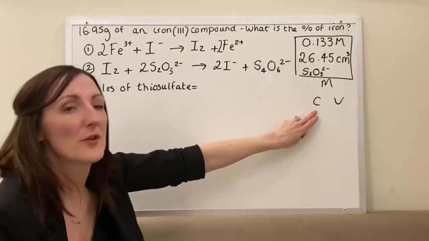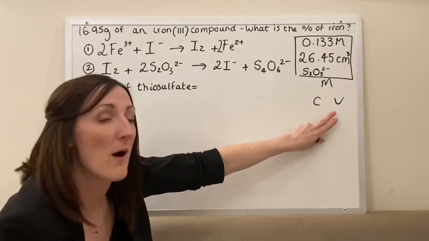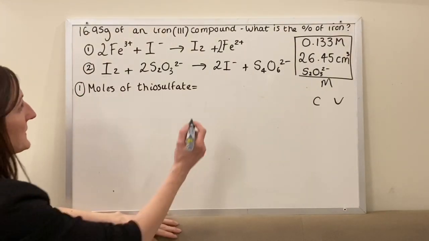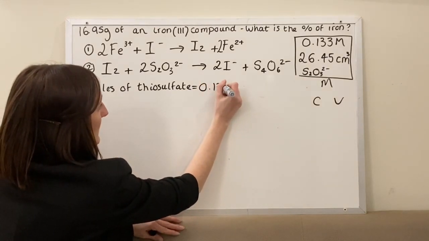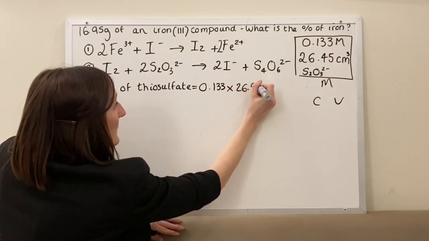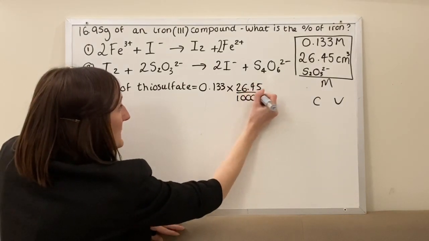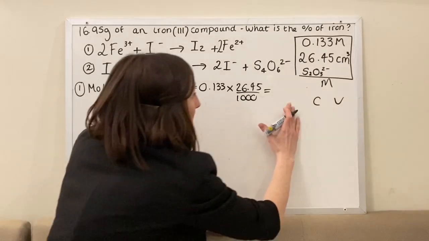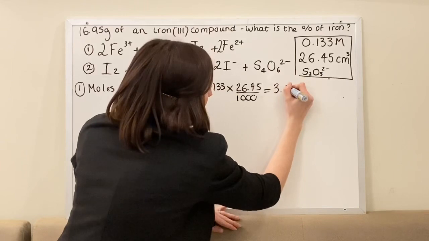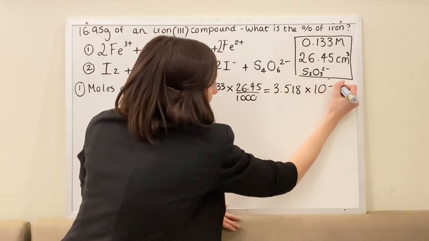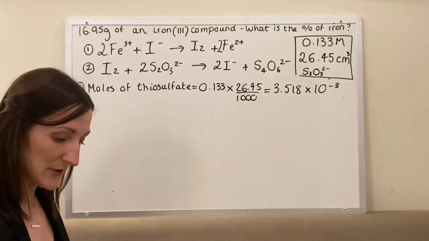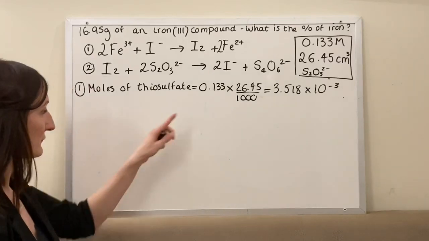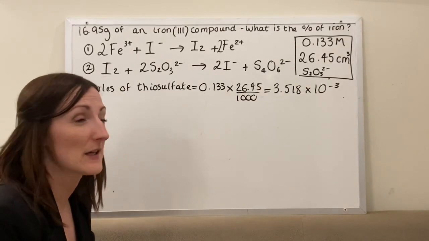We do our concentration times our volume, but remember, our volume has got to be in decimetres cubed. So 0.133 times our volume in decimetres cubed, and we get our moles to be around 3.518 times 10 to the minus 3. Remember, keep your numbers full on the calculator, but by all means round when you're writing it down. So we've got this many moles of thiosulfate.